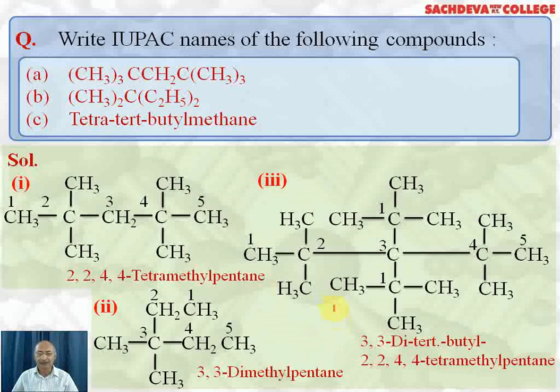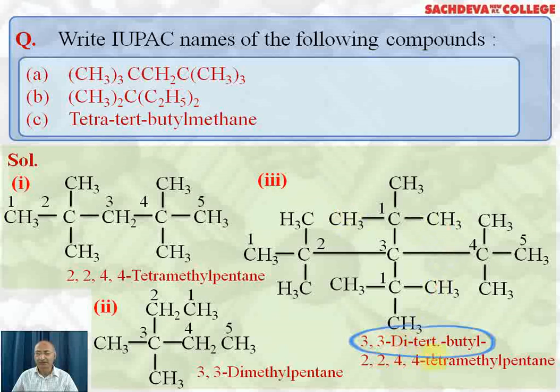Next compound we are going to name. Here also first we find the carbon chain 1, 2, 3, 4, 5. Now here we have side chains which are longer. This is tertiary butyl in common system. So we call it 3,3-ditertiary butyl, because this group is called tertiary butyl and this name will be accepted in IUPAC system also.